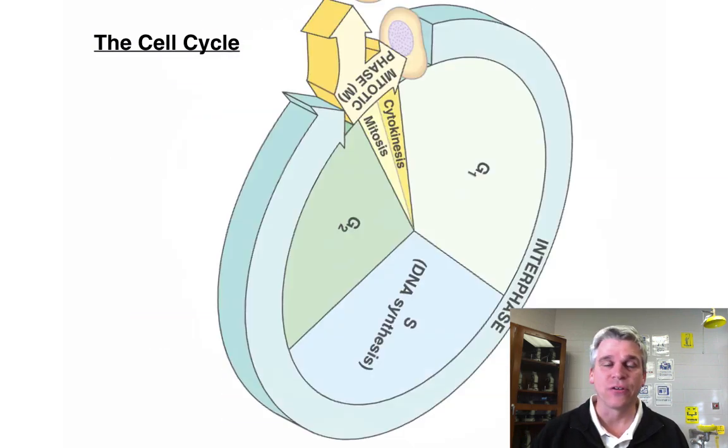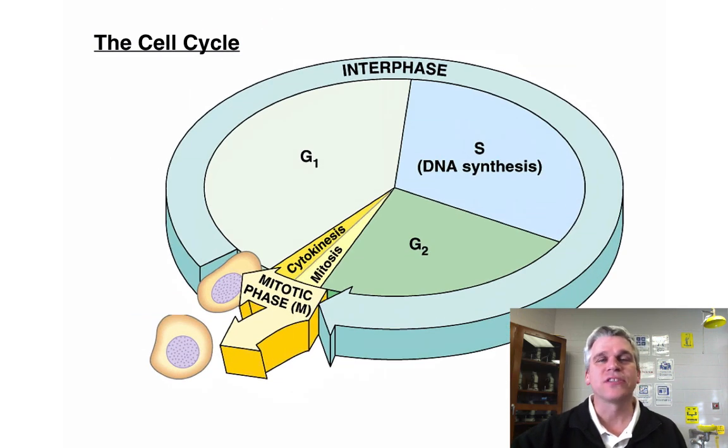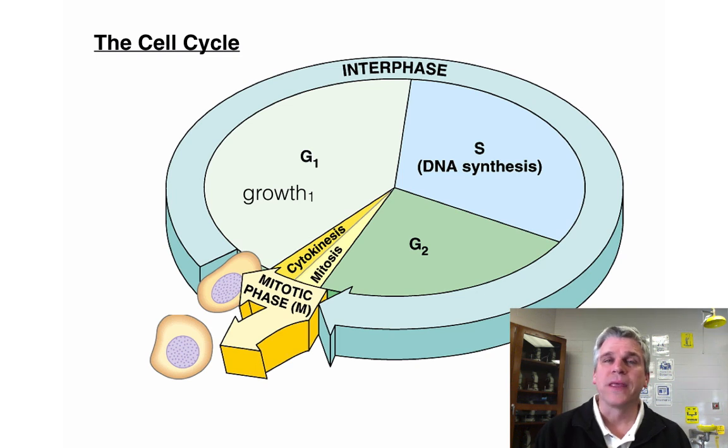Now, when we talk about mitosis, we're really talking also about the cell cycle. The cell cycle is the life cycle of a cell. And there are 4 distinct stages to the cell cycle. They are the G1 phase, which the G stands for growth, or this is the first growth phase. The G1 is the stage of the cell's life in which it's doing what it's supposed to be doing.